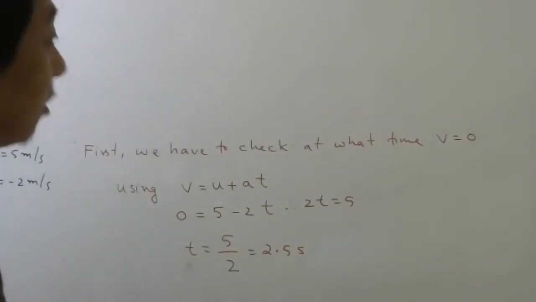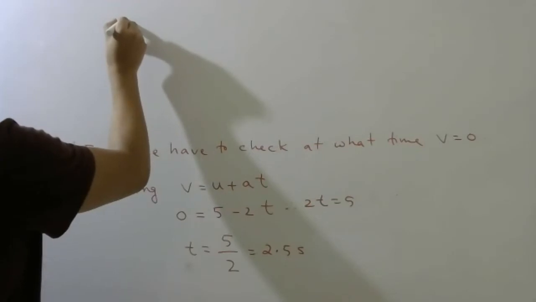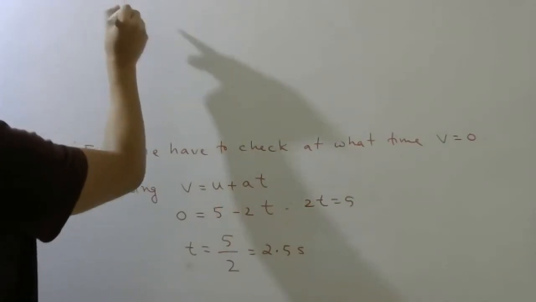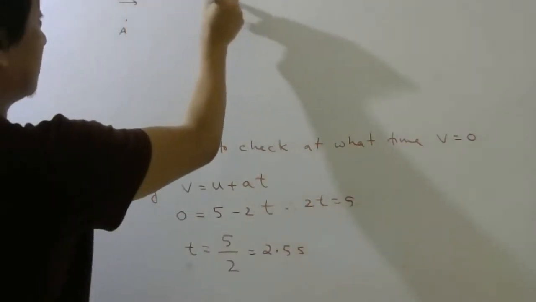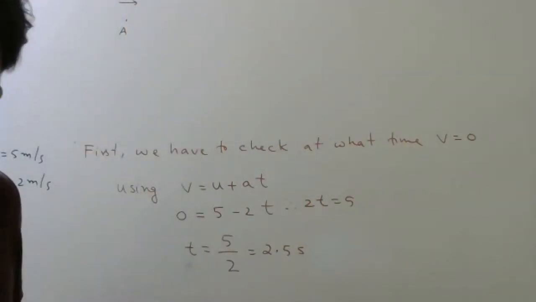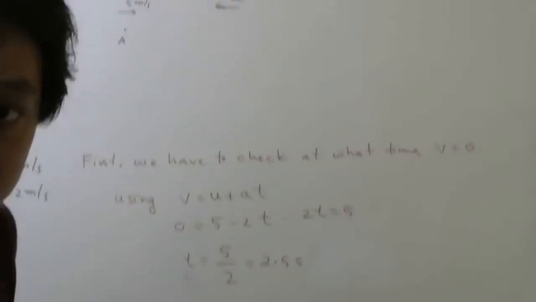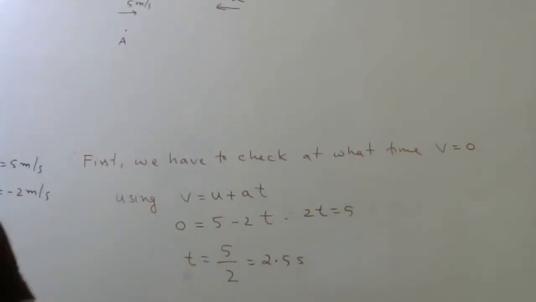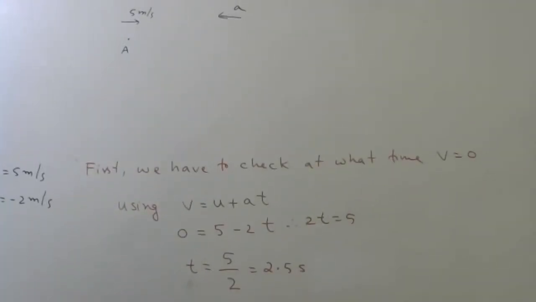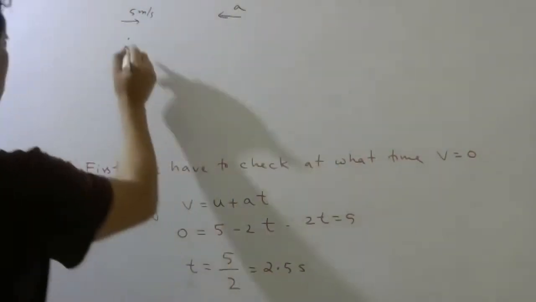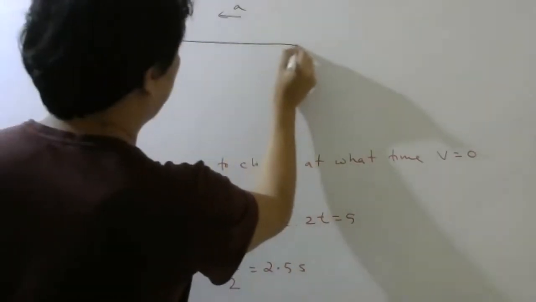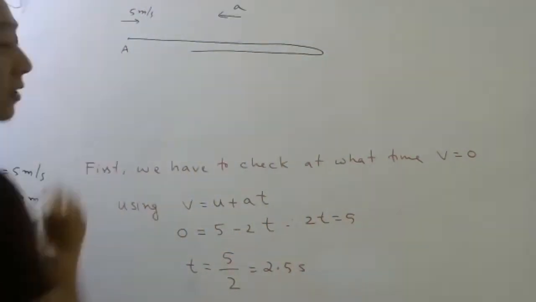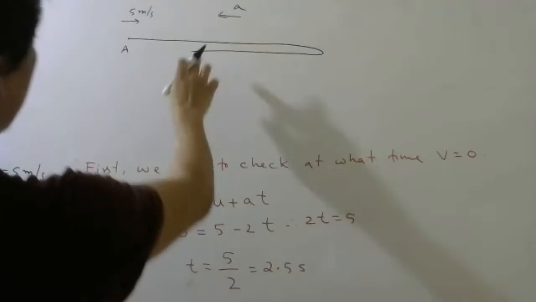This is a very interesting problem. So let's say it starts from here. What is the initial velocity here? 5 meter per second, and acceleration is this side, opposite. So we know it will slow down, stop, and go back like this. It will keep going back.